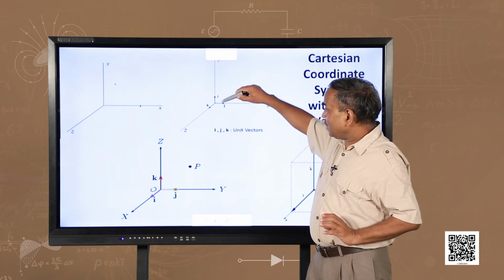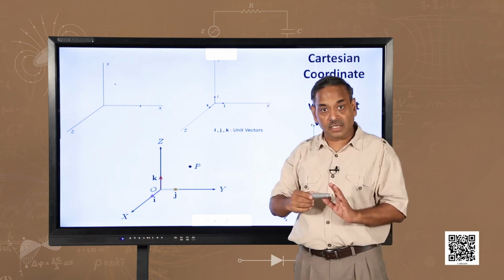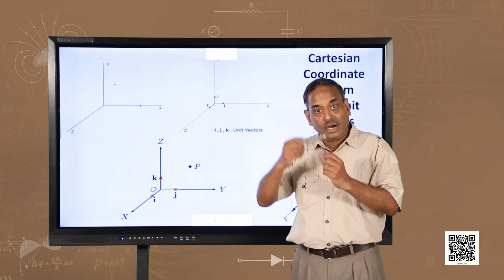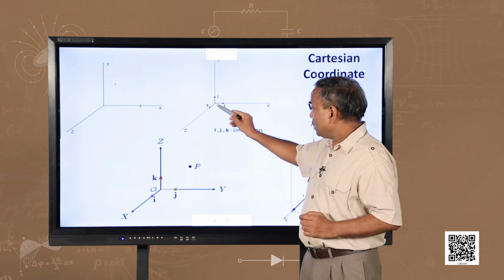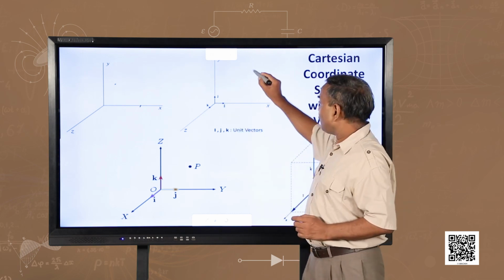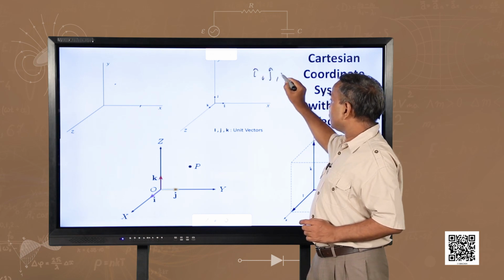Similarly, I have defined the vector j, the vector along the y axis having magnitude 1. Similarly, the k unit vector.